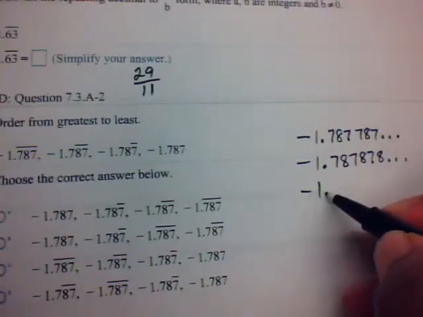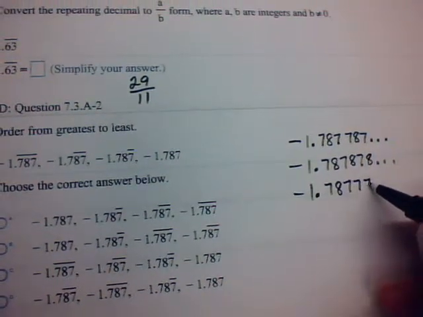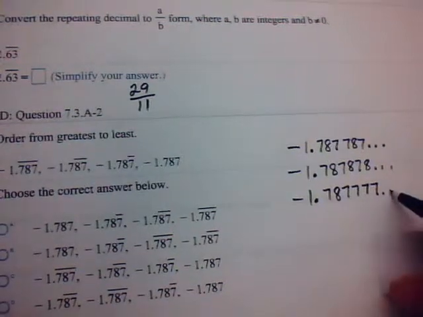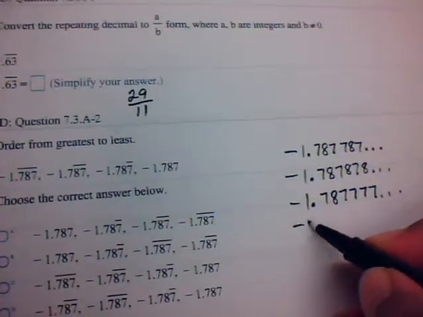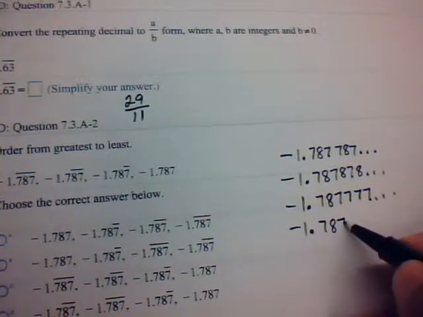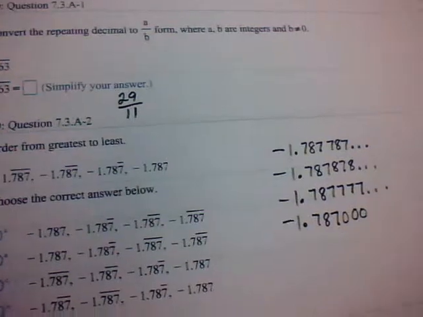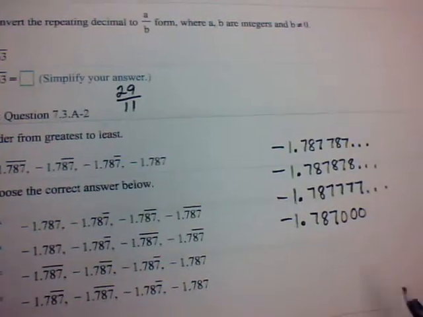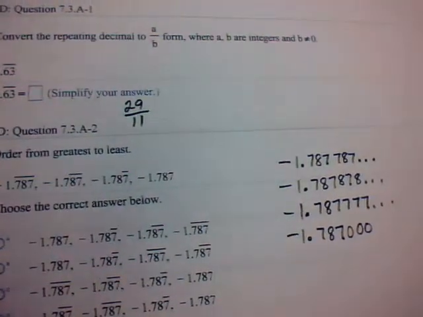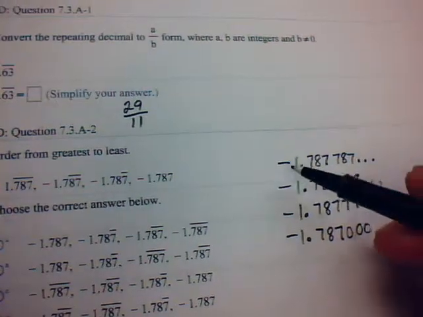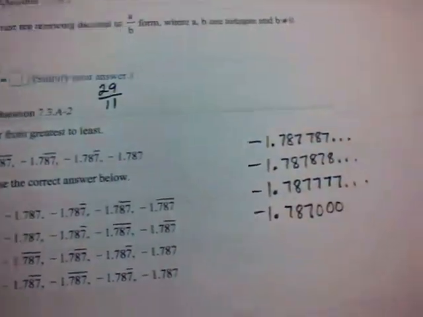So 1.7877777 dot dot dot. And then negative 1.787. Now I'm going to put zeros there because this is a terminating decimal. Now what I want to do here is compare each place value position one at a time.